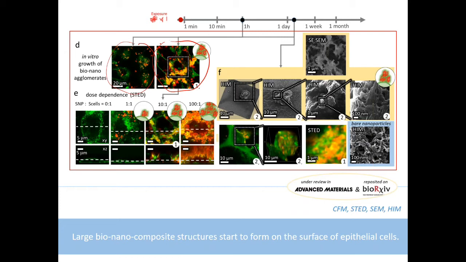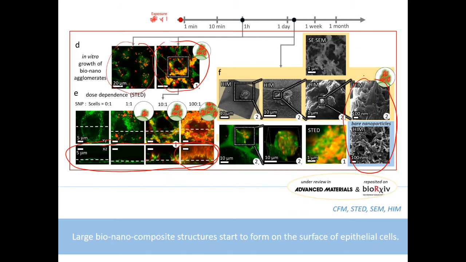And if we made a vertical cross-section microscopy, so this is the lower row, with the dose dependence, then you can see that a lot of material can be seen outside, on the surface of the epithelial cell. Then we can transfer this sample to high resolution methods like scanning electron microscopy or helium ion microscopy, and we zoom in really a lot, and we can see.